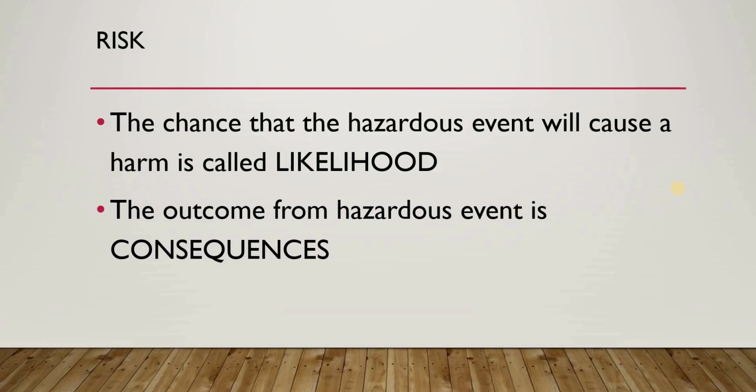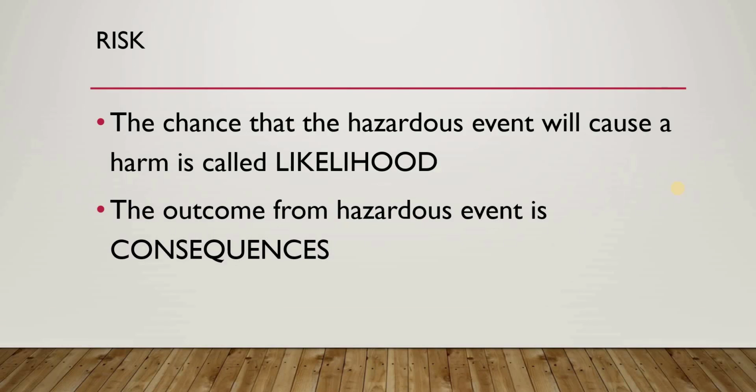If it is high, then the likelihood is high. If the hazardous event frequency or its ratio is low, then we can say that the hazardous event has a low likelihood. So if it causes more harm, the likelihood becomes more. If it causes low harm, then the likelihood becomes low.